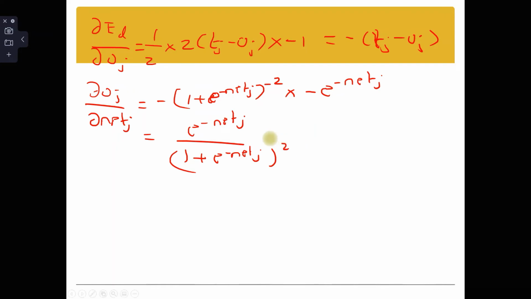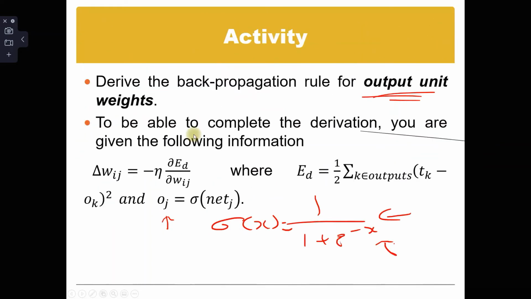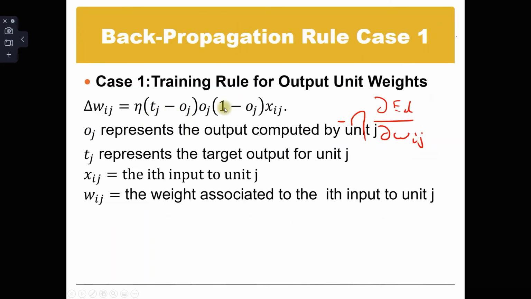There we go. Now bear in mind something else. If we just take the formula as it is here, we won't get that form, because that form of the formula contains oj, tj, and xij.